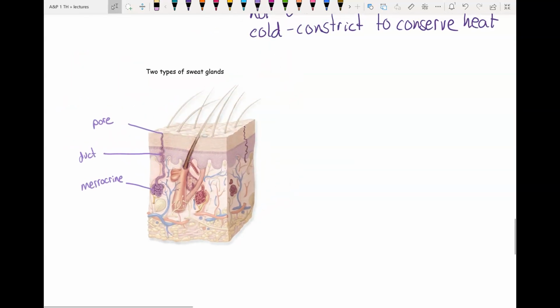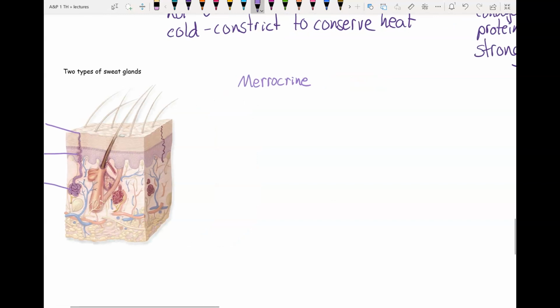So first we'll talk about the merocrine sweat glands. One thing about them is they have a duct to the surface of the skin. And this sweat functions in thermoregulation.